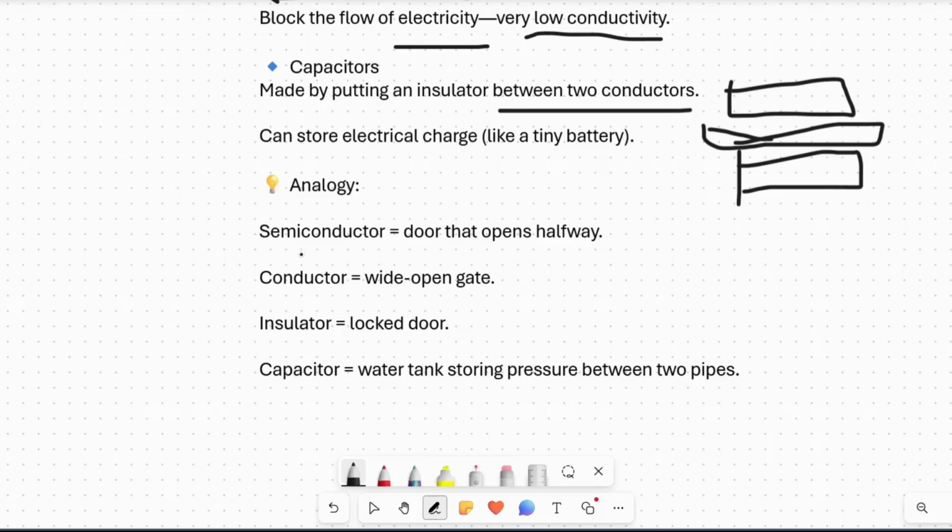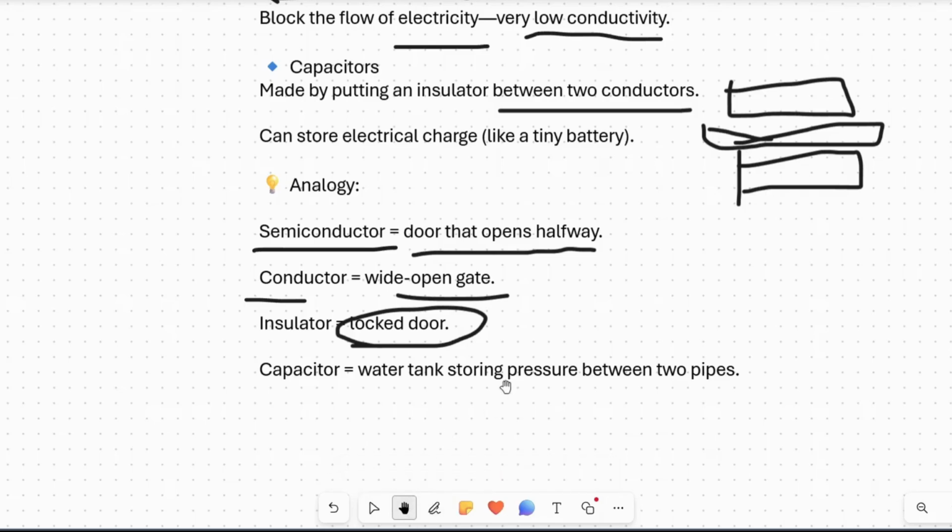If you visualize a semiconductor as a door that opens halfway, a conductor is a wide open door, so current can flow easily. An insulator is a locked door, so current cannot flow. A capacitor is like a water tank, storing pressure between two pipes, storing electricity.